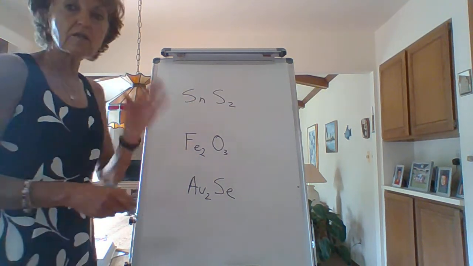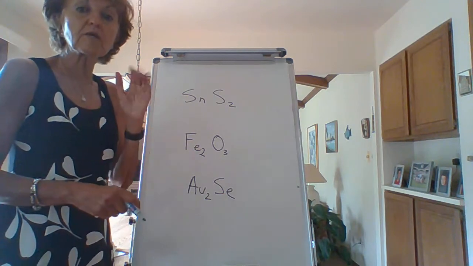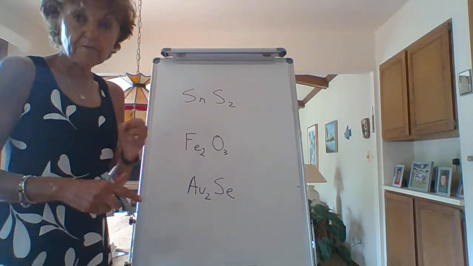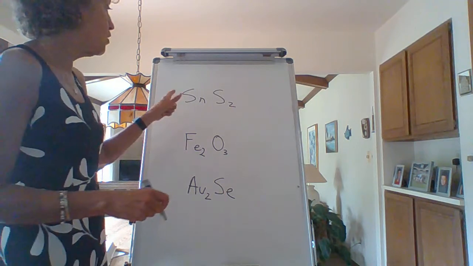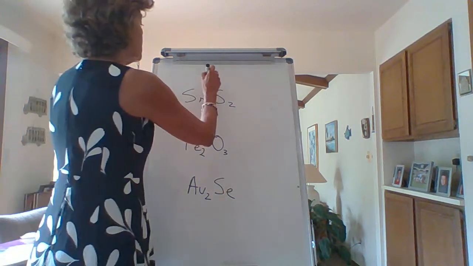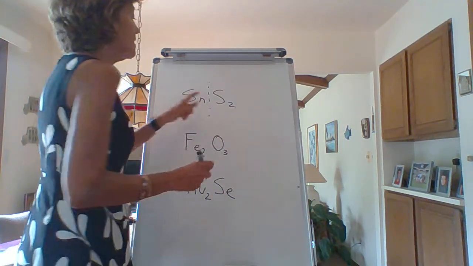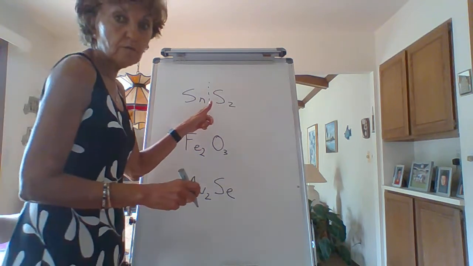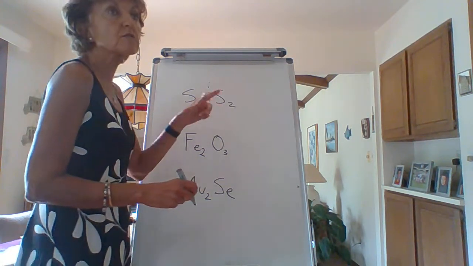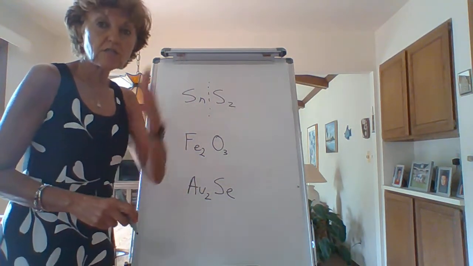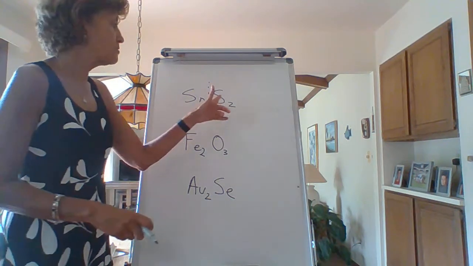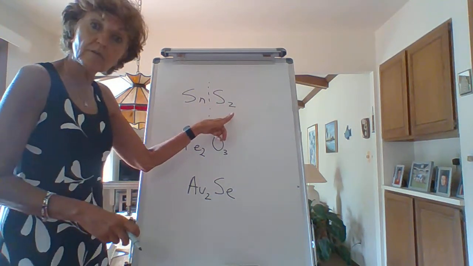You cannot call it tin sulfide. Why not? Because it's variable charge. You have to tell me with a Roman numeral which tin this is. So dotted line. Sulfide is -2, right? Sulfide is a group 6A, just like oxygen, sulfur, selenium. So sulfide is -2, but I have 2 of them.